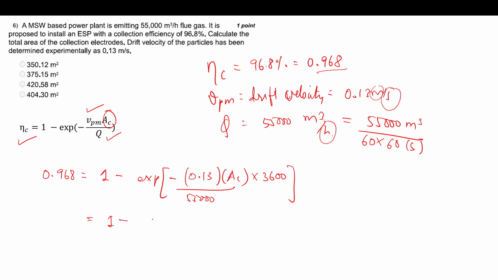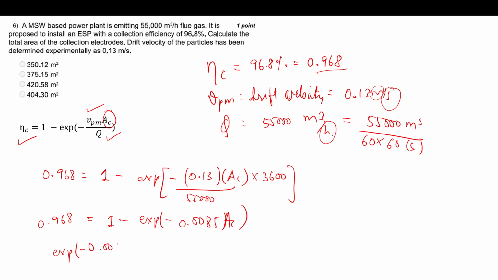So 1 minus, here it will come out as exponential of minus 0.0085, and there will be AC also.